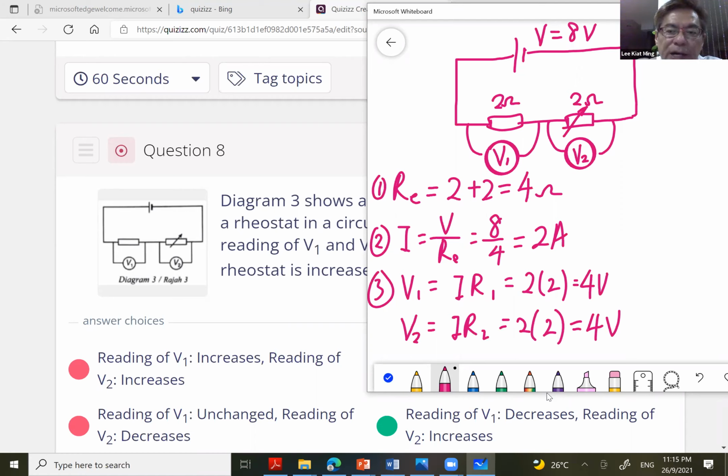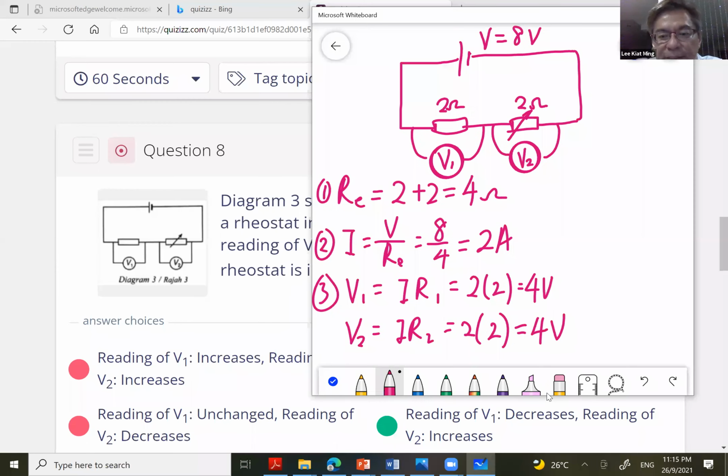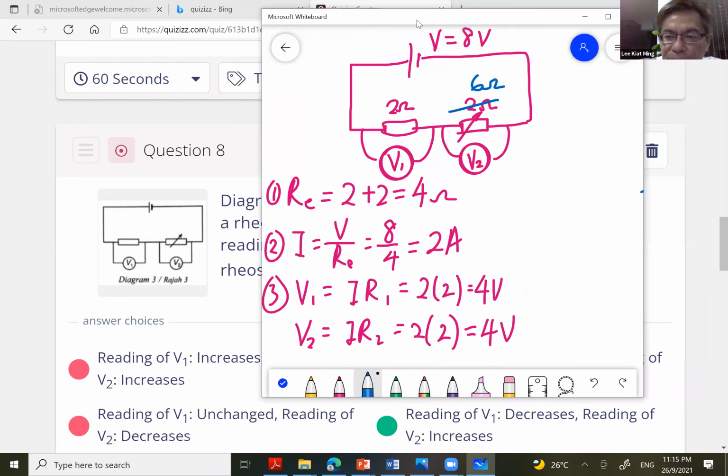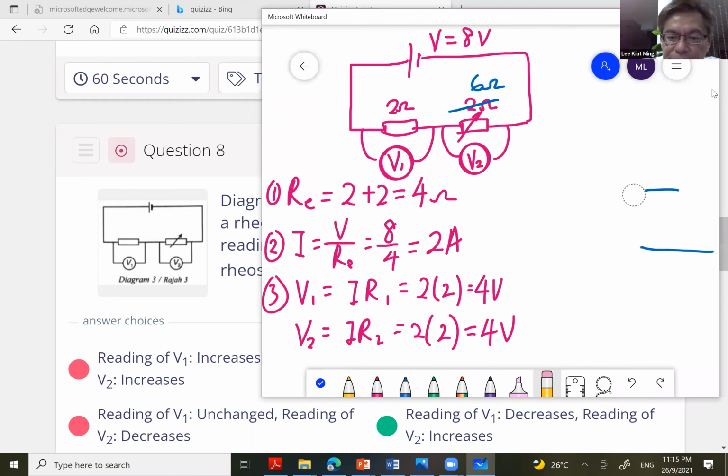So what we do now is you are asked to increase the resistance of the rheostat. So I'm going to increase it to, let's say, 6 ohm. Allow me to use blue ink. I'm going to cancel this and put a 6 ohm there. So I'm going to redo the calculation so that you are able to make a comparison.